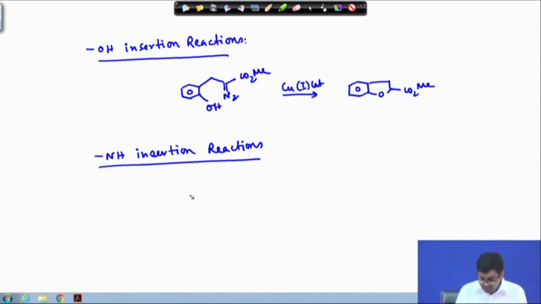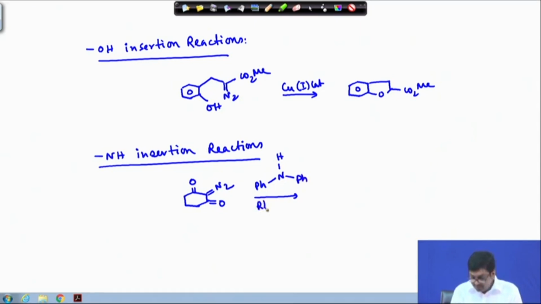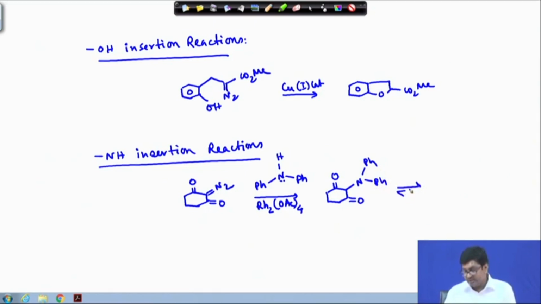As an example, if we take this diazo compound as the precursor of the carbene, and then take the amine as nucleophile in the presence of rhodium 2 acetate, then that amine can attack the formed metallocarbenoid, and that will give this. Now keto-enol tautomerism can happen and give the enol form of this 1,3-diketo compound.